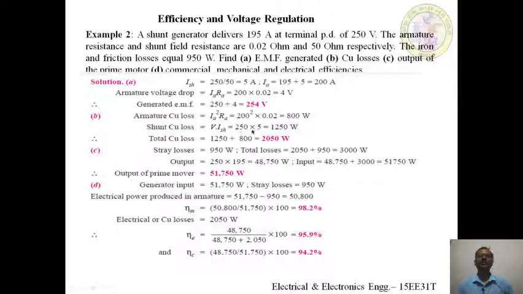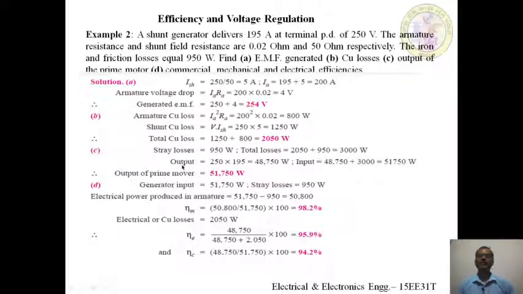V is 250, ISH is 5, so it is 1250 watt. So the total copper loss is armature copper loss plus shunt field copper loss, which is 2050 watt. The stray losses, that is magnetic plus mechanical losses, are given as 950 watt. Total losses is total copper loss plus stray loss, that is 3000 watt.